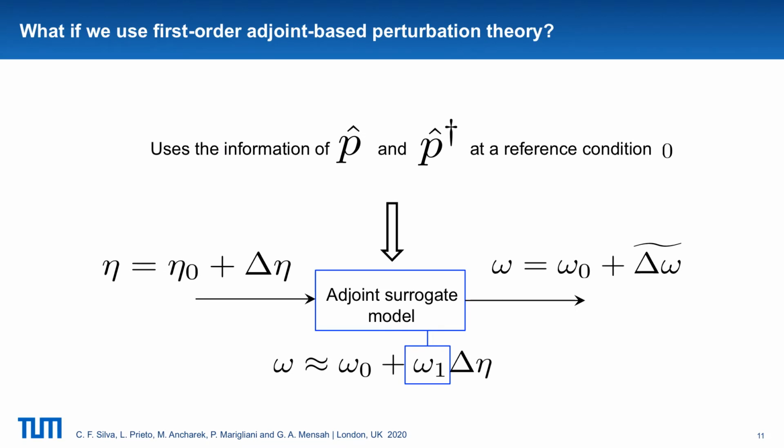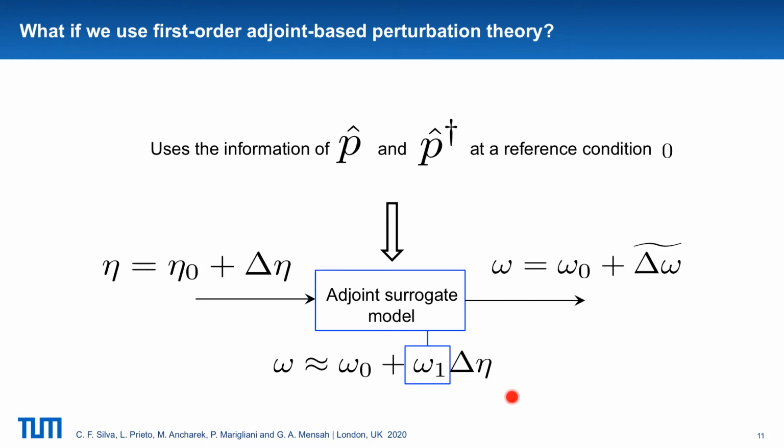To explain adjoint perturbation theory, a good idea is to use the first-order adjoint formulation. What does it mean? We just have a perturbation. Remember that we had represented here the flame, but it could be any other parameter in a more general sense, and we obtain the eigenfrequency at the nominal point plus the perturbation originating from this perturbation delta eta.